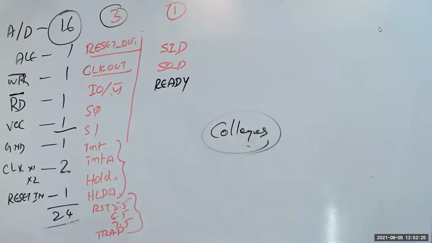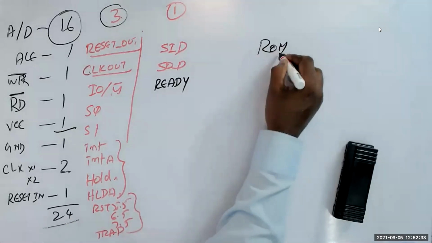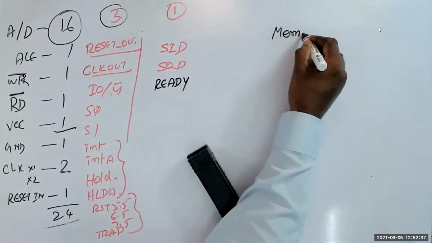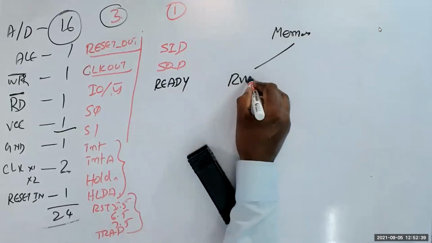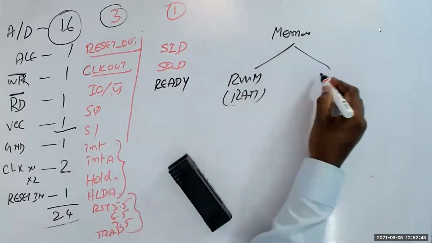Flash is a ROM. Flash and ROM are the same. Under memory, we call it RAM. The other one is ROM.